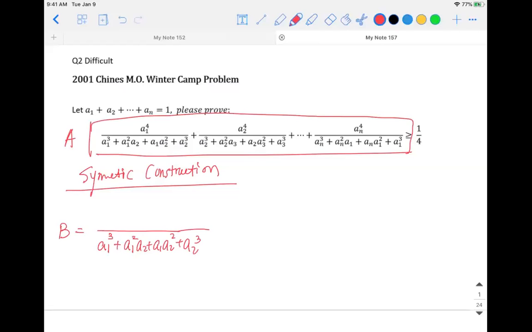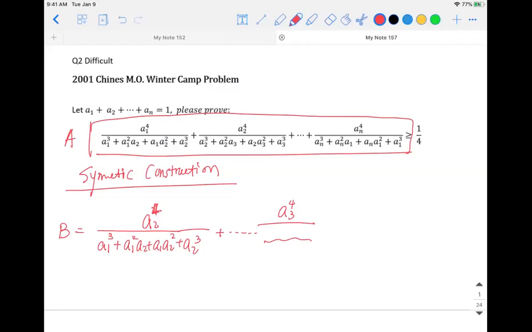Well, talking about symmetric, I want to do something a little bit symmetric, right? So what I'm going to do is replace A1 square, which equals A1 to the power of 4, by using A2 to the power of 4, because this will make sure the first terms of these two expressions are kind of symmetric. Is that right? So I'll do exactly the same thing. The second part, I'll change this into A3 to the power of 4.